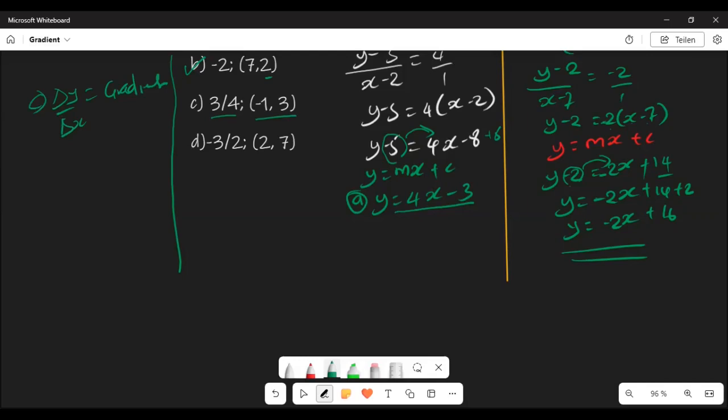So here we have our gradient. So we're going to just introduce y coordinates, which is going to then make us y minus 3 over x minus 1 equals 3 over 4.